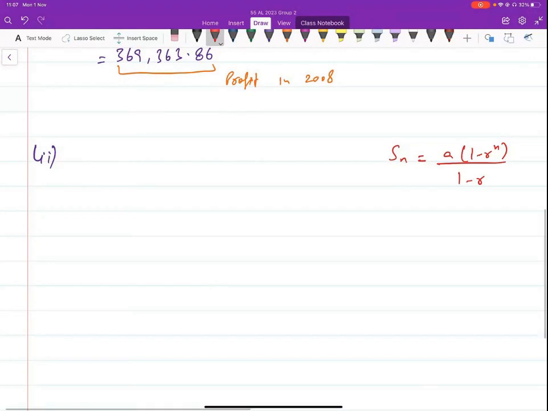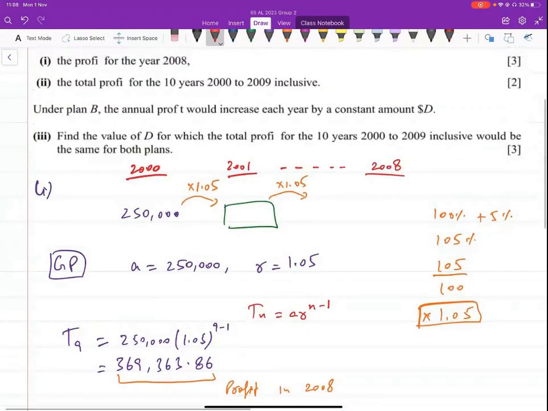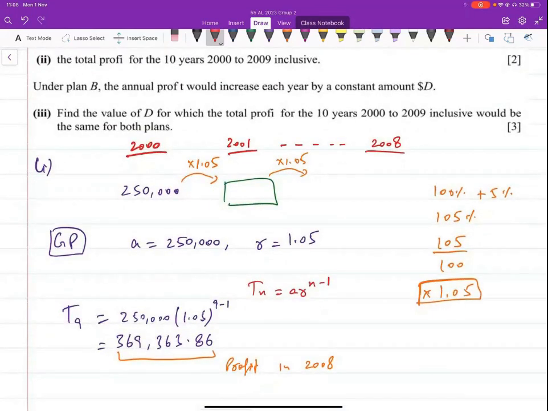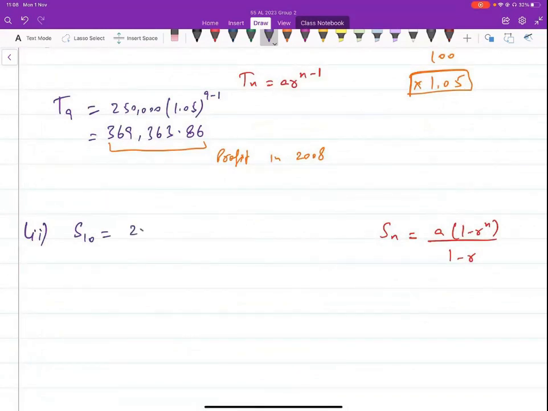What do you want to do? You want to find the sum of those 10 terms. Because we're going from 2000 to 2009, that's 10 terms in total. You just have to input values in the formula. You say S10 is equal to A is 250,000, into 1 minus R, which is 1 minus 1.05 raised to power n.